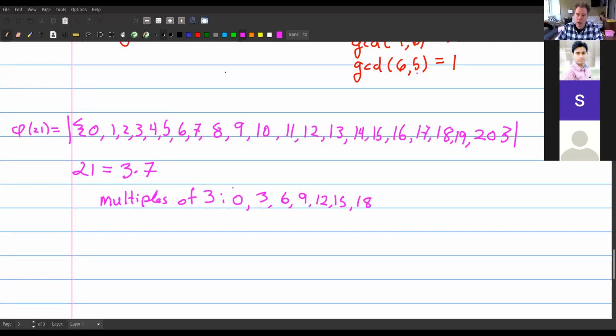And notice that there are 7 of those. That makes sense because this is 0 times 3, 1 times 3, etc. If there was one more, I would have 3 times 7, which is 21, which is too big to be on the list. That's always going to be true if some number is a product of 2 primes. So now let's look at the multiples of 7.